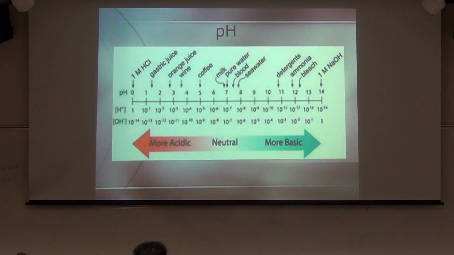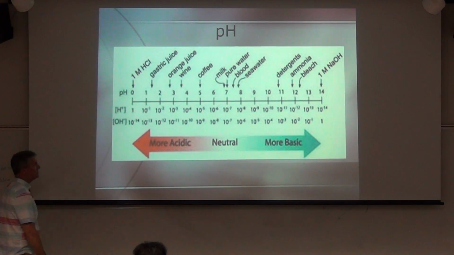Here's our pH scale. You got a copy of this at the bottom of your page on the back. Much clearer than probably what this is. All of these exponents of the hydrogen concentrations are negative exponents. It's not really clear. It's a little more clear on your sheet.